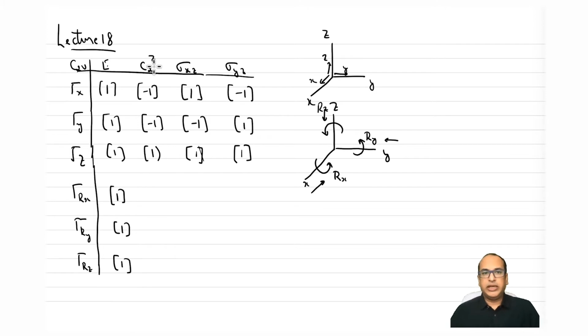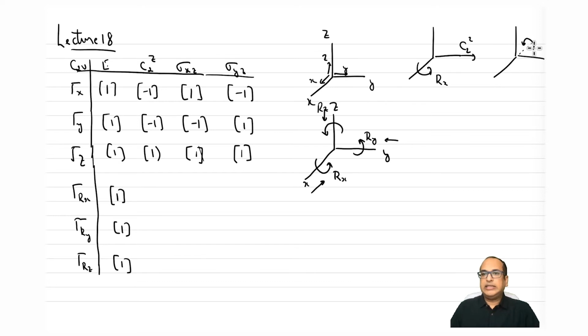Now for C2Z, we have to be very careful in visualizing these rotation matrices. If I do a C2Z operation on the Rx vector, let me draw it here again only for Rx. This is my Rx, and if I do a C2Z operation, what do I get? This is my minus x-axis, and this is how it looks, right?